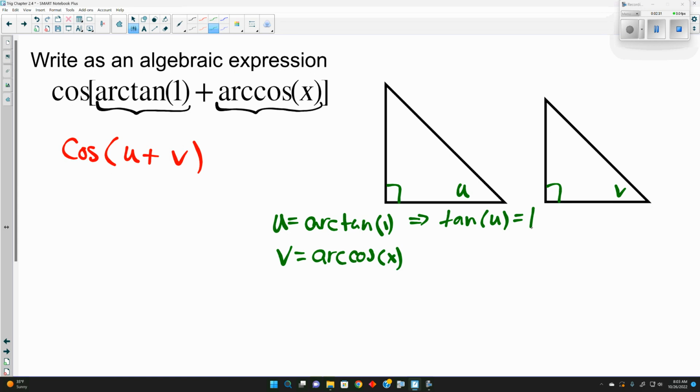Because when we're trying to find tangent inverse or arctangent of a number, we're really trying to find out what angle, when plugged into tangent, would give us that value. The same thing is true with arc cosine. We're really looking at cosine of V is equal to x. Questions on this so far?